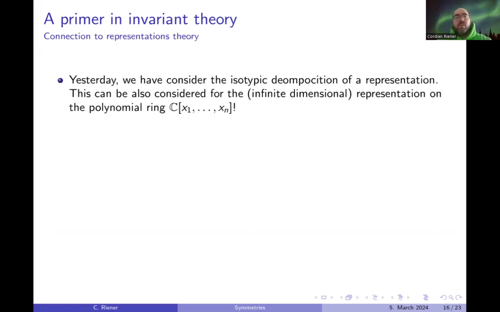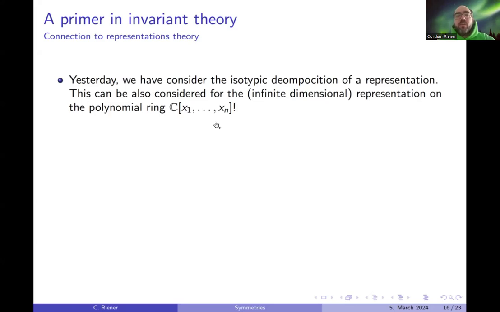Very good. So let me just wrap up a little bit because there's a little bit more to look at. Yesterday we had already looked at the isotypic decomposition of a representation, but only for finite dimensional vector spaces. Now I'll abuse a little bit what we did yesterday and suggest we also look at the polynomial ring as an infinite dimensional representation.